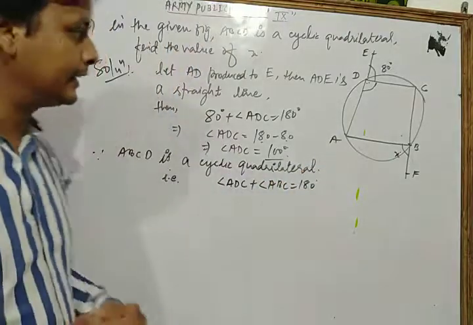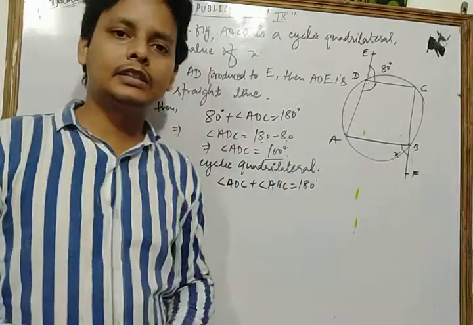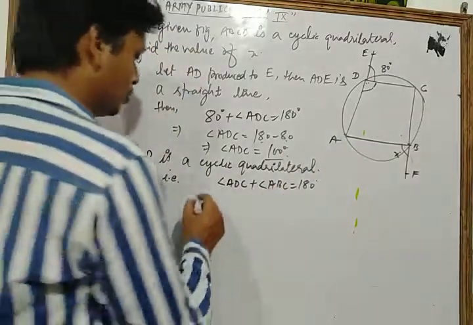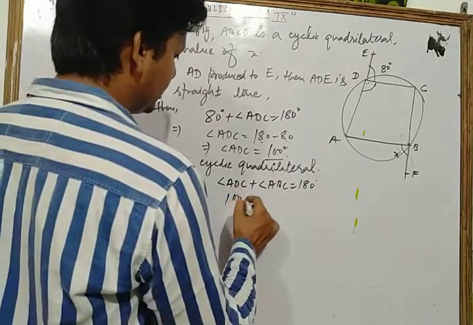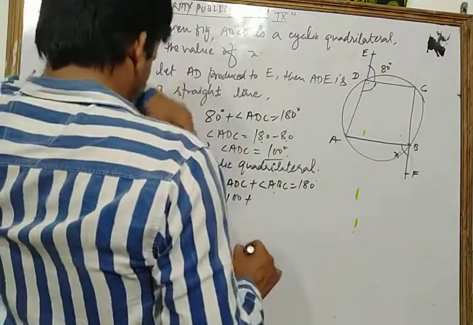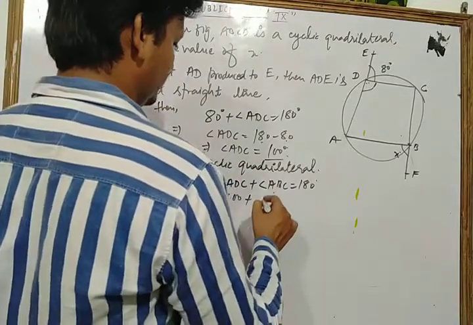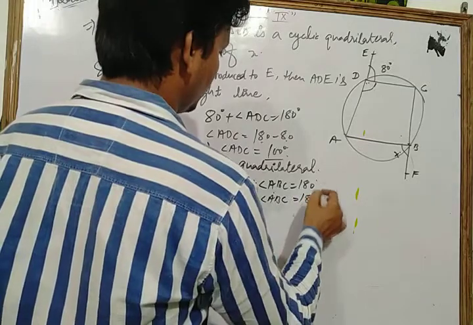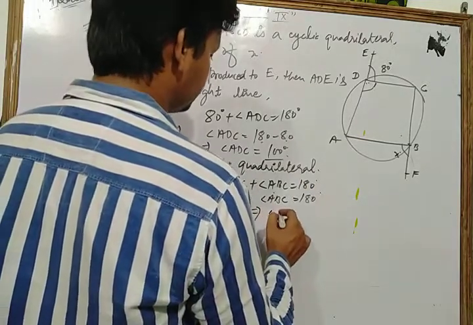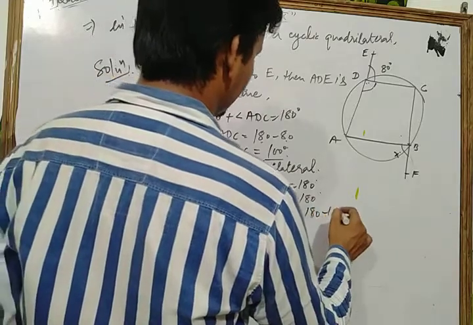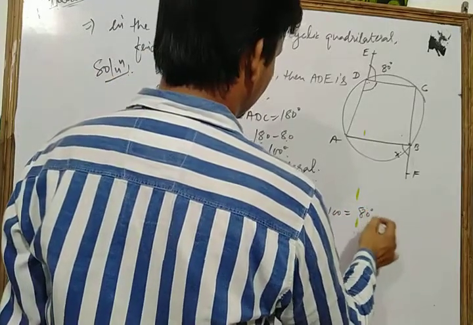So first we find the angle ABC. ADC is 100, so angle ABC is equal to 180 minus 100, that is 80 degree.